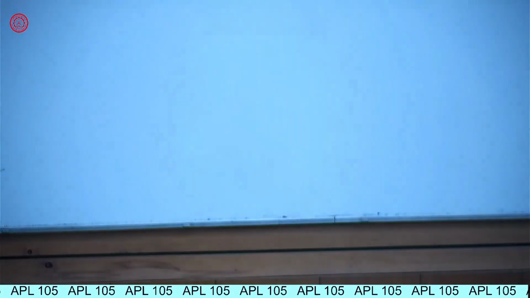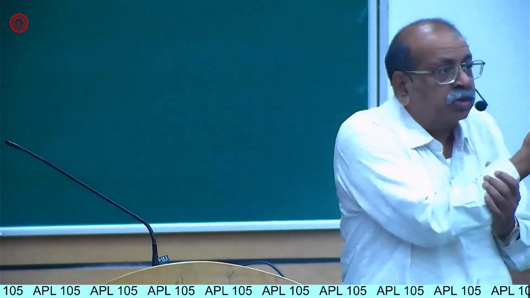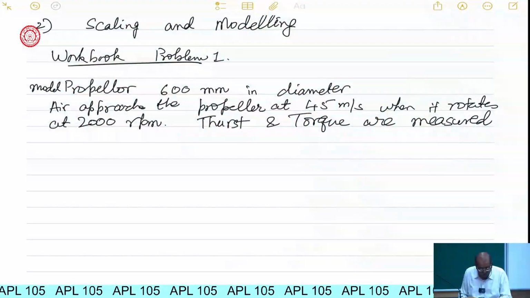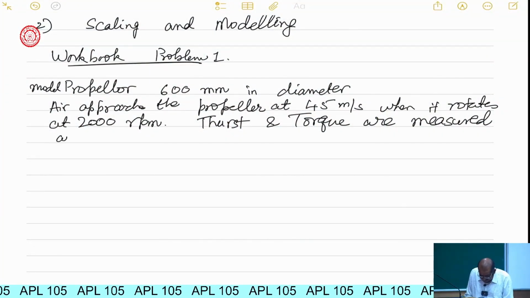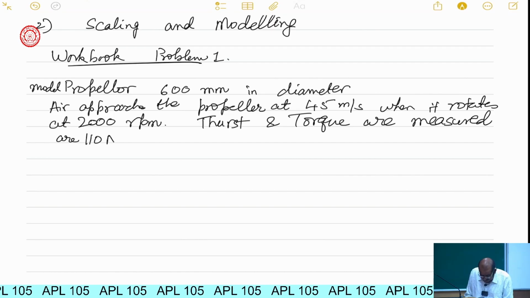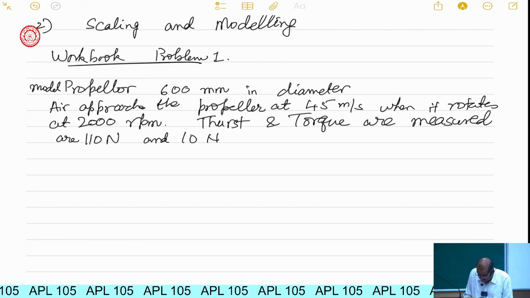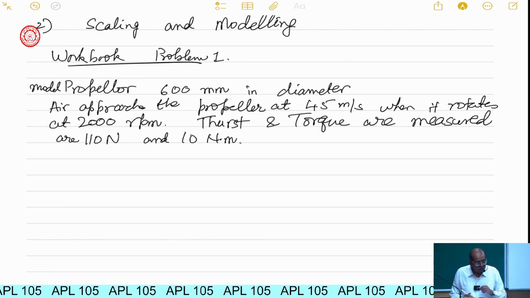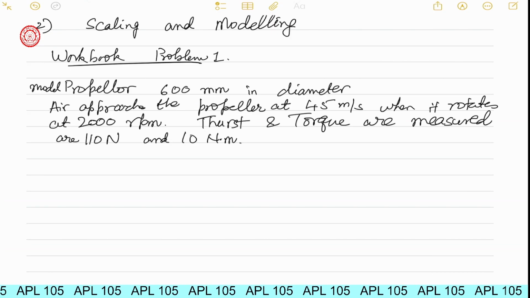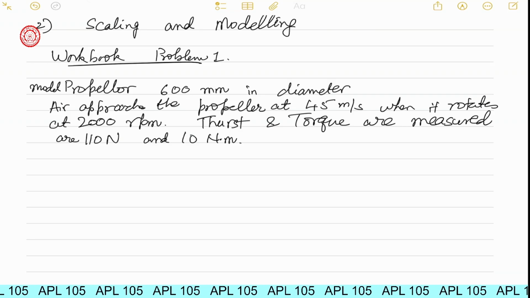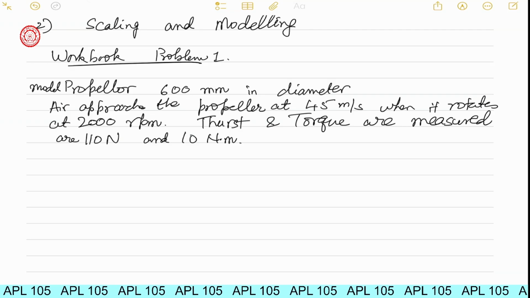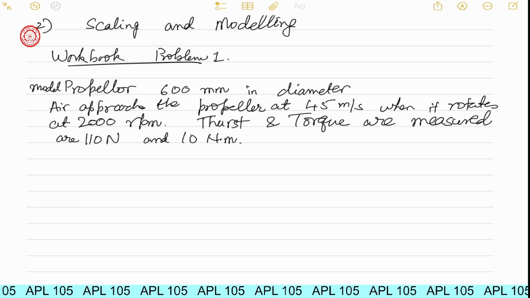Okay. Now, what is thrust? Thrust is a force and torque is a moment. You need these because you need to know the dimensions of these. So thrust and torque are 110 newtons and 10 Newton meters. Sometimes, if you do not even understand these words, the dimensions which are given, for example, it says thrust is 110 newtons.